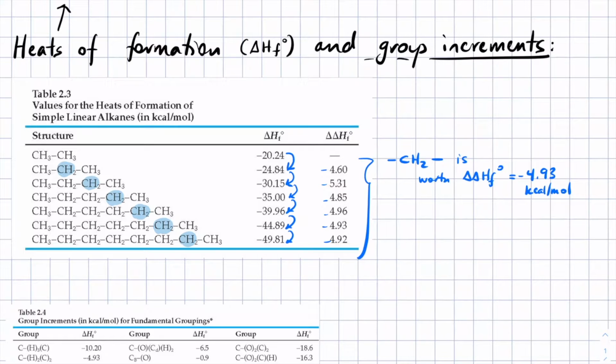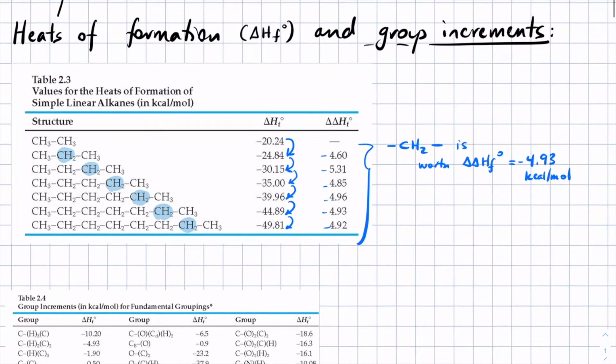So who cares? And the answer is we don't often have the time or inclination to take every new molecule we make and do the experiment to determine its heat of formation.